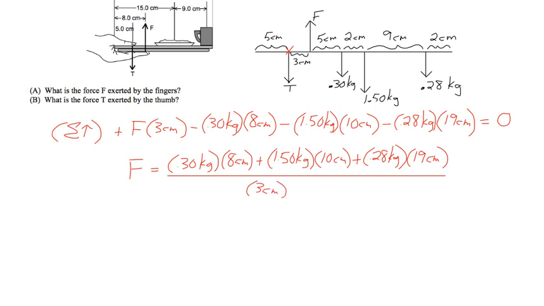Now, if you want to get the answer right away for the force, we can take this whole thing, because the centimeters are all going to cancel out, but I'll still have kilograms. So I want it as a force, so take this whole thing and multiply it by 9.8 meters per second squared. That way my answer will actually be a force.